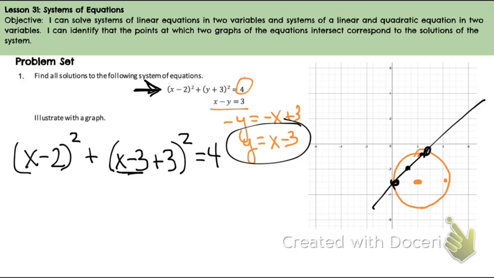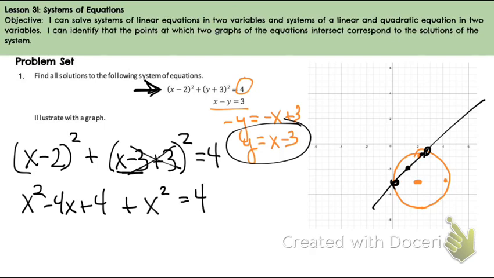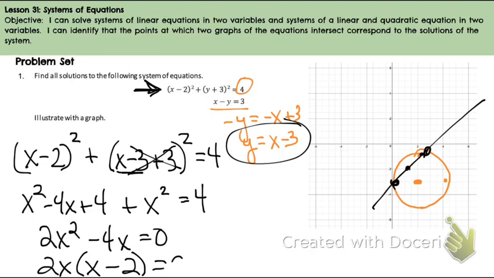So I get x squared minus 4x plus 4 plus, these go away, x squared equals 4. So 2x squared minus 4x, my 4's will cancel out, equals 0. So let me factor a 2x out of here, times x minus 2 equals 0. So this will be true when x equals 0 and when x equals 2.